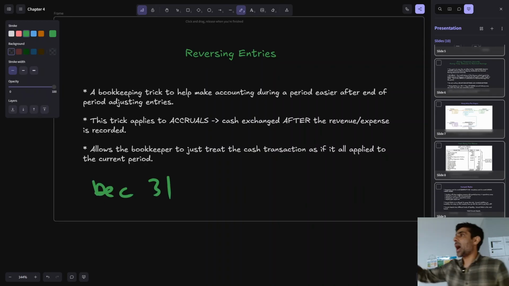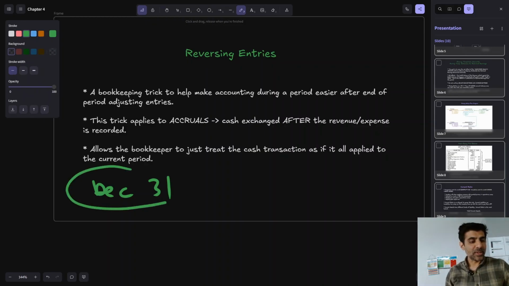With that accounting software, you can move one day at a time and create a balance sheet for every single day, right? But usually our financial reporting happens at the end of each period. So December 31st is an important cutoff because that's when we make our financial statements. So our adjusting entries will be dated as of the last day of that period.